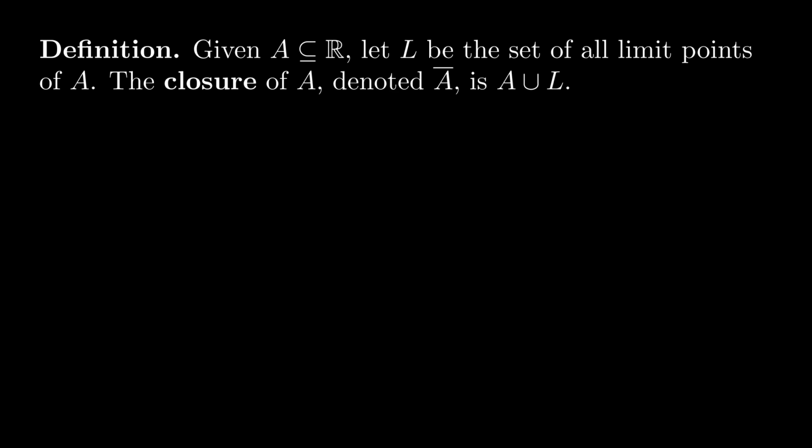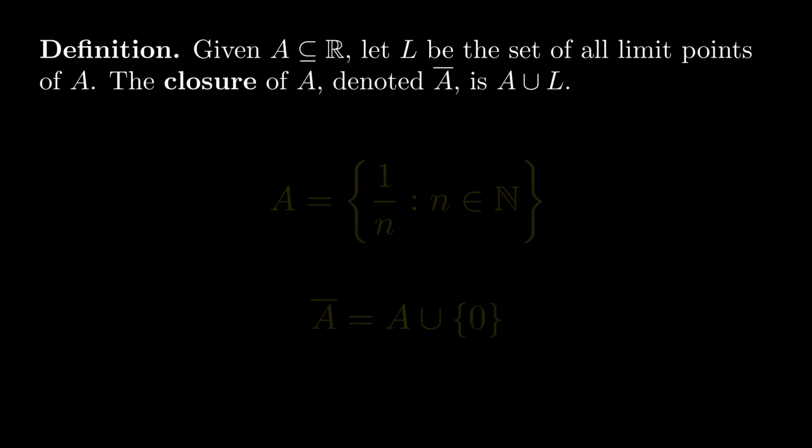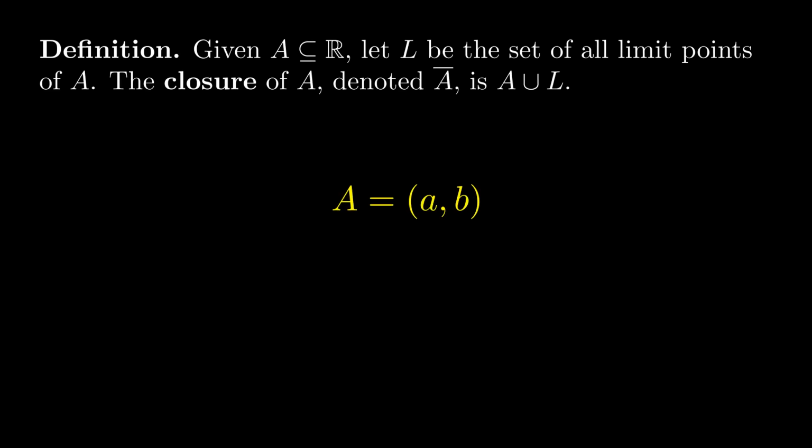So, for example, if you took the set of 1 over n, such that n is a natural number, this has 0 as its only limit point. So the closure of A would be A union the set containing 0. And if our set A is, say, an open interval from a to b, then the closure of A would be the closed interval from a to b.